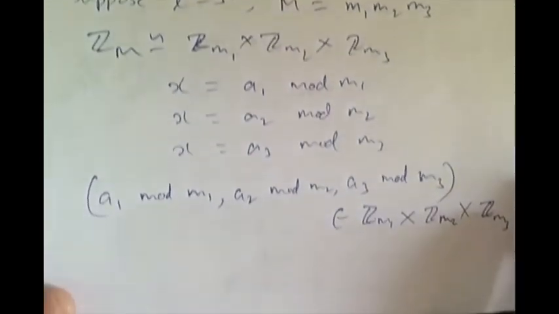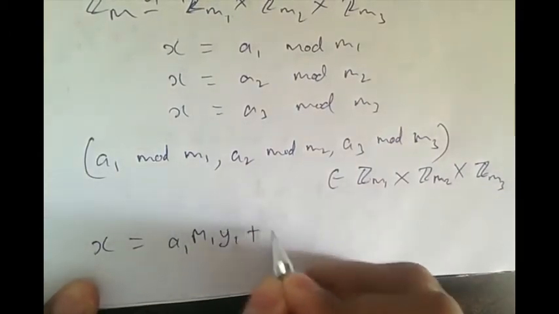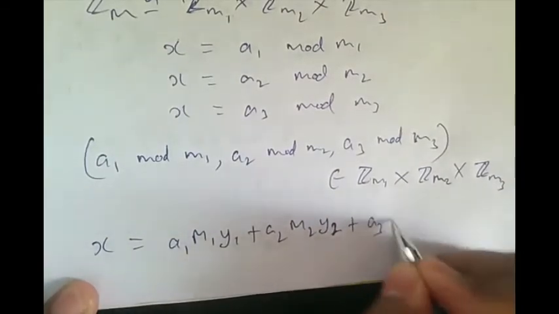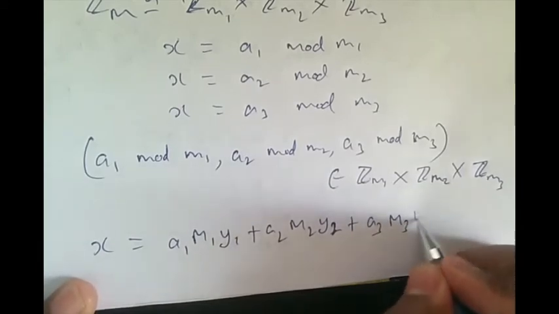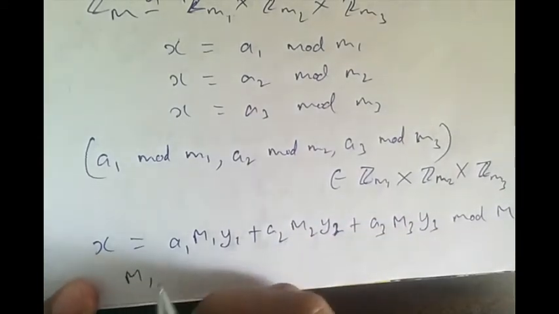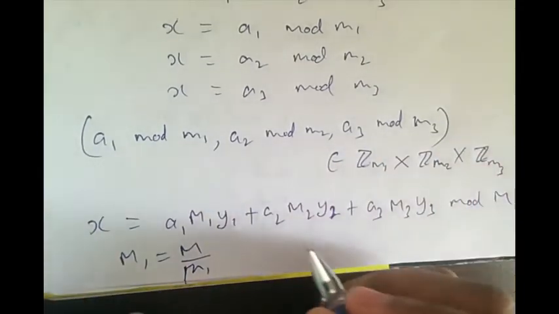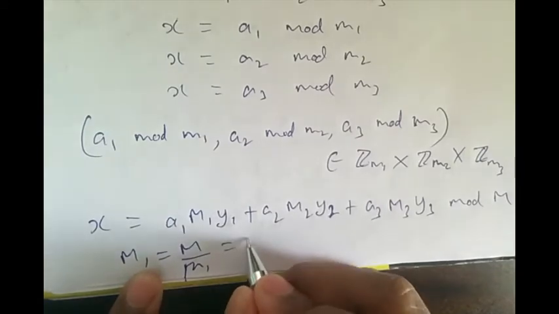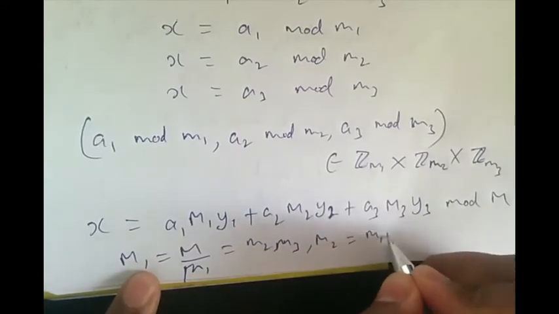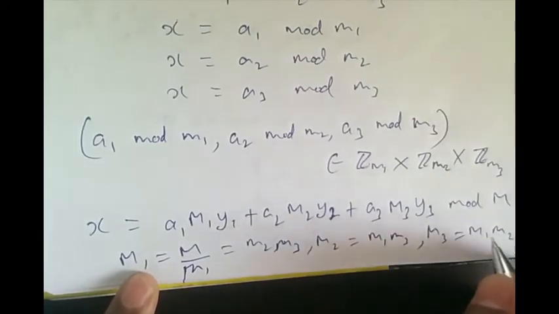So for the special case of L equals 3, the answer is going to be x equals a1 M1 y1 plus a2 M2 y2 plus a3 M3 y3 mod M, where capital M1 is capital M by small m1, which is m2 m3, M2 is m1 m3, and M3 is m1 m2.